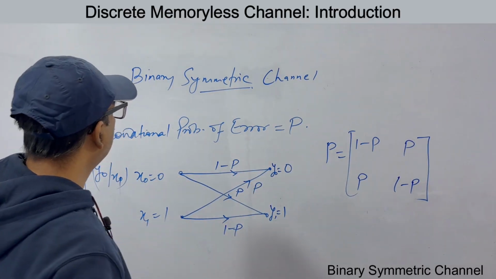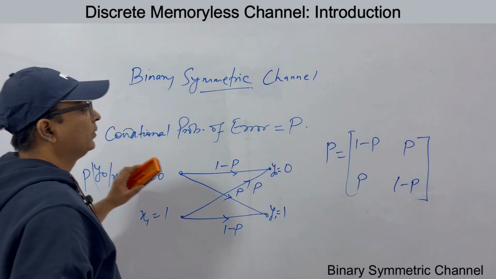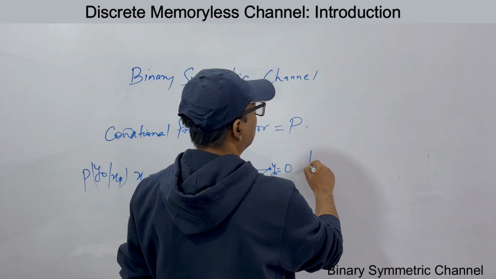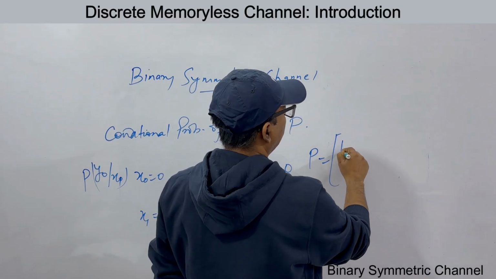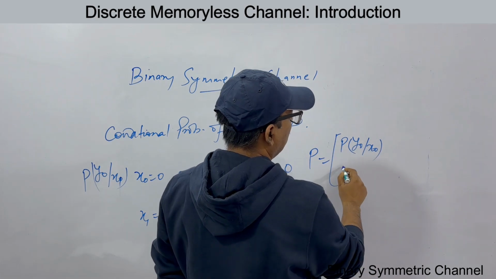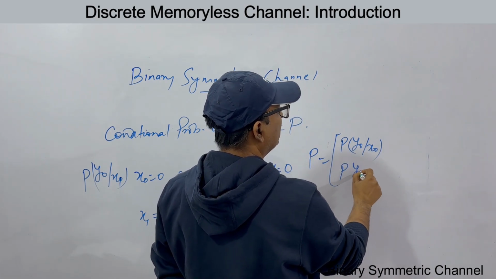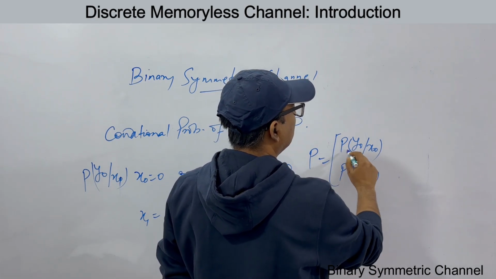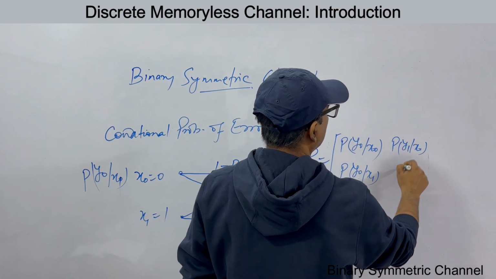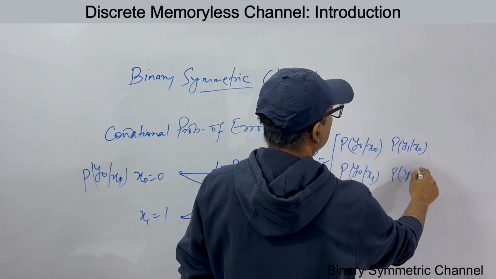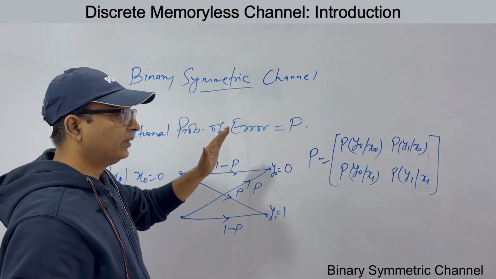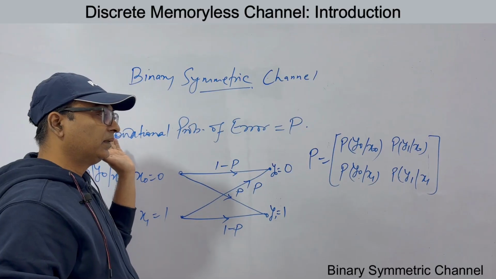If this is still not clear to you, let's do this once again. This is P(y0 when x0 has been sent), and this is P(y0 when x1 was sent). This is P(y1 when x0 has been sent), and this is P(y1 when x1 has been sent). This is the channel matrix I defined in the last board.